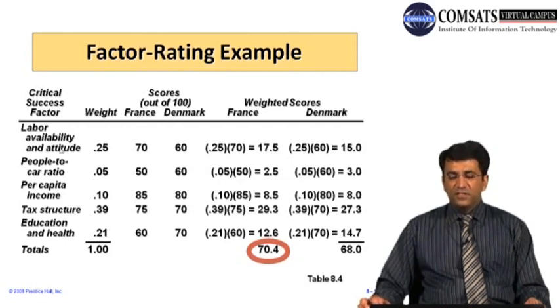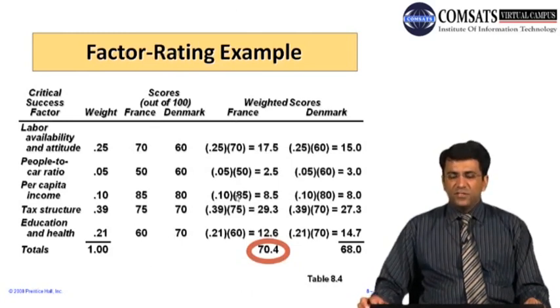You see that in France the availability and attitude of labor is good as compared to Denmark, because the rater has given a high rate, 70 out of 100, compared to Denmark. So it means in France we have the advantage with respect to this factor, labor availability and attitude. Similarly, we'll have to compare all of these factors for each location and rate each of these locations for all of these factors.